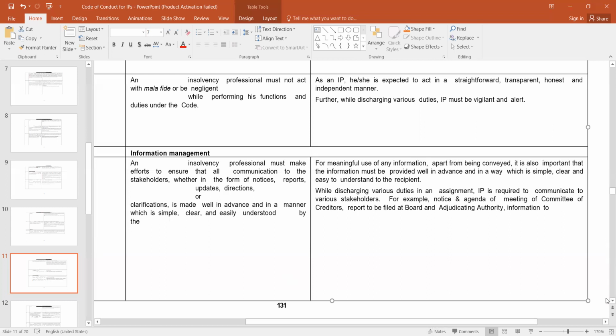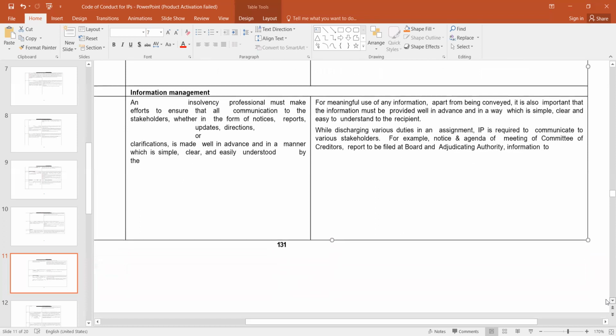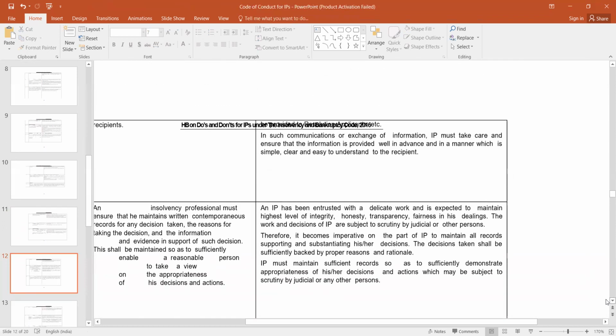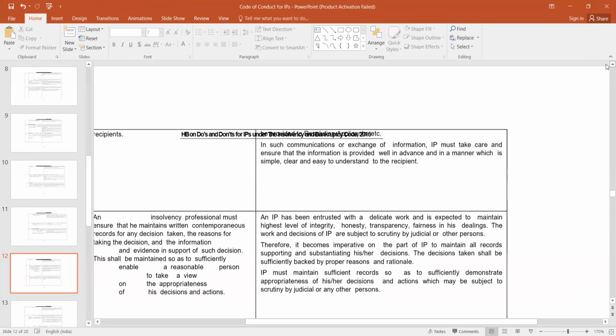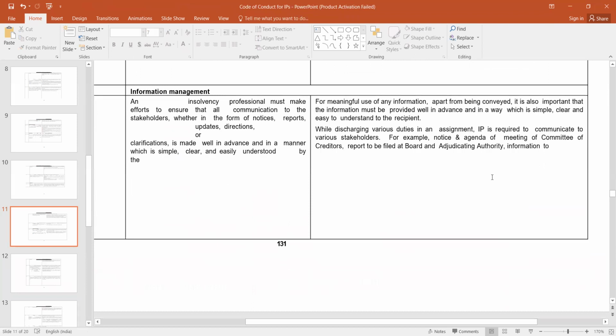So what it says is that for meaningful use of any information, apart from being conveyed, it is also important that the information must be provided well in advance and in a way which is simple, clear, and easy for the recipient to understand.